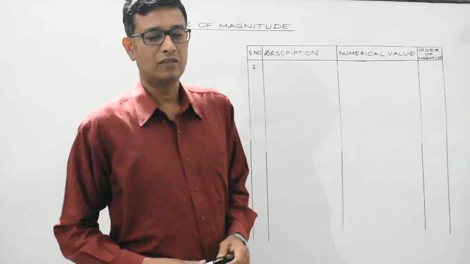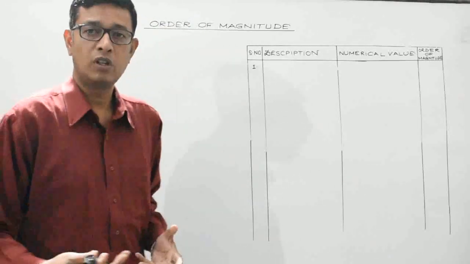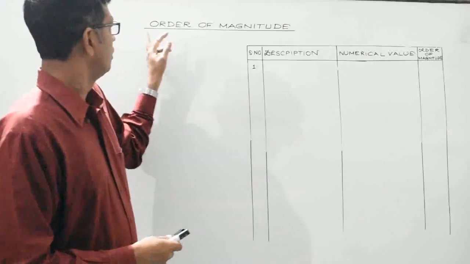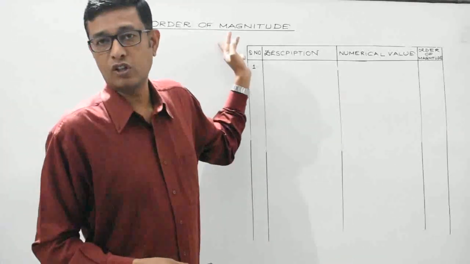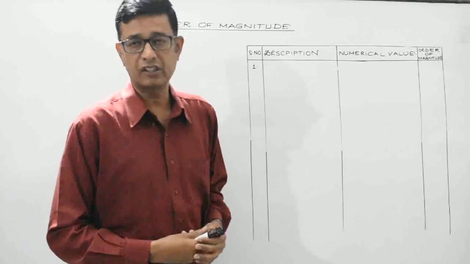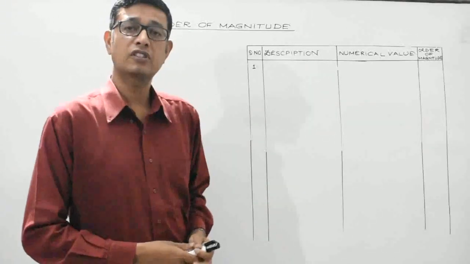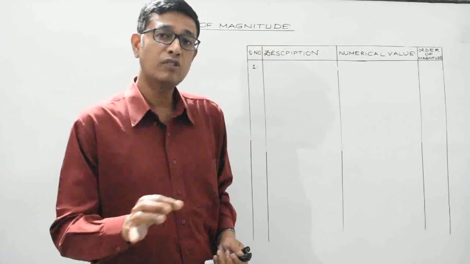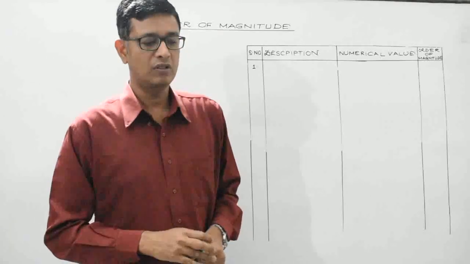Hello students, I've come before you with a new topic, which is to determine the order of magnitude of the numerical value of any physical quantity. First and foremost, we need to understand the meaning of order of magnitude.